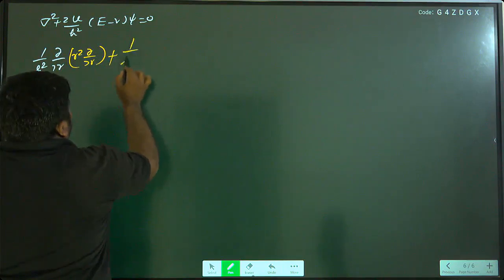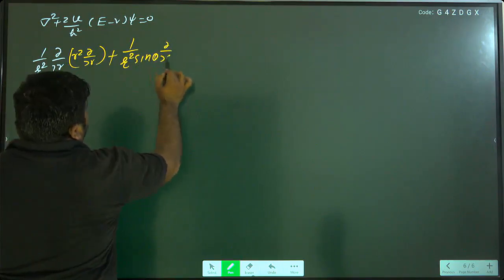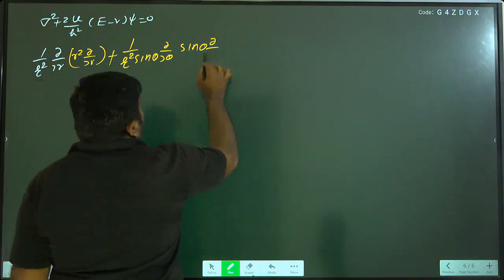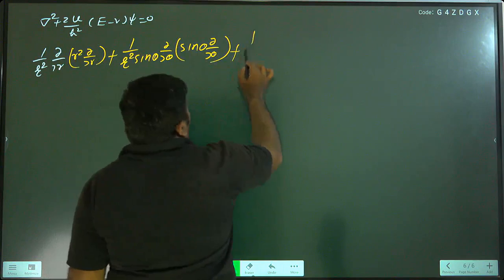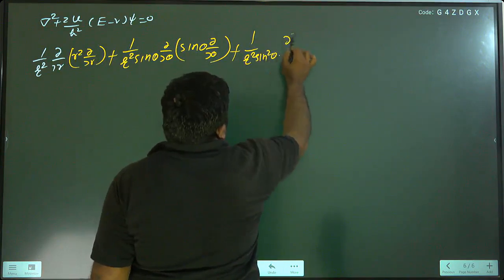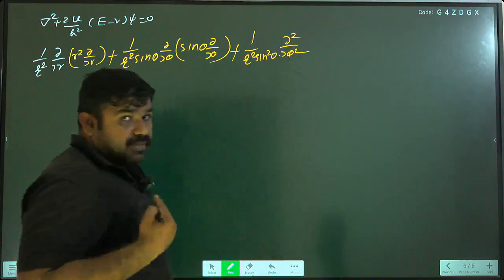Theta part is 1 upon r square sin theta double upon double theta into sin theta double upon double theta, plus what is the value of phi part? 1 upon r square sin square theta into double square upon double phi square. ये हो गया del square. In which system? Spherical system.